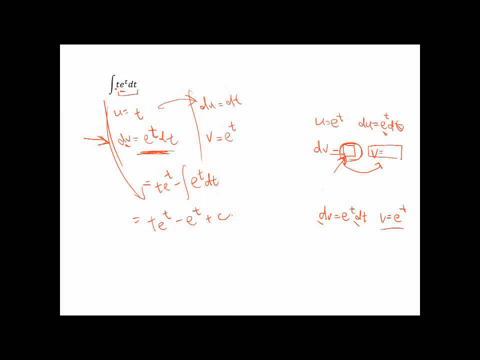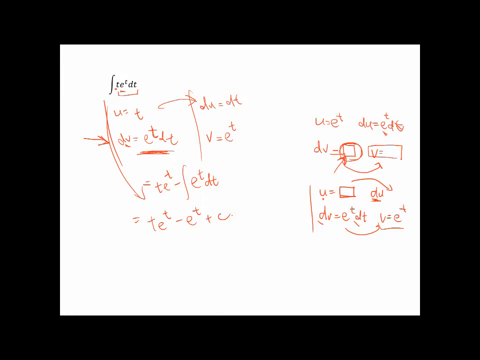So v is simply itself. I don't need to compute it. And whatever is left from the question, I'm going to put in the u position, the old column. So du is doing the derivative of this. It may be complicated, but the derivative is always simpler than the antiderivative, right?